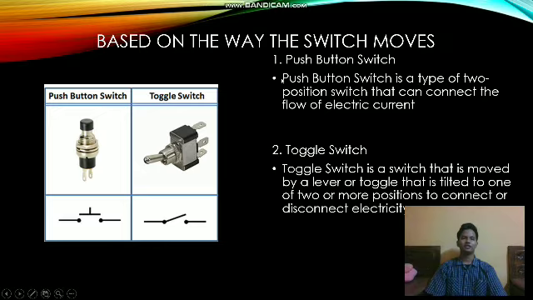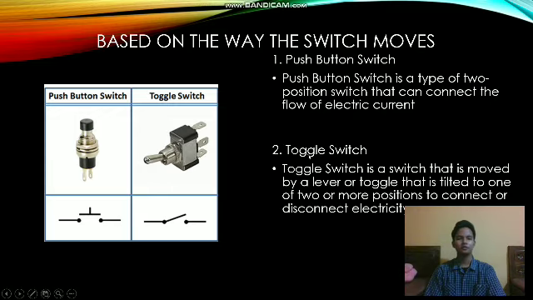Okay, the next explanation is about the types of switches based on the way the switch moves. You can look at the picture. Number one is the push button switch. A push button switch is a type of two-position switch that can connect the flow of electric current when the user presses it and disconnect the electrical connection when we release it.